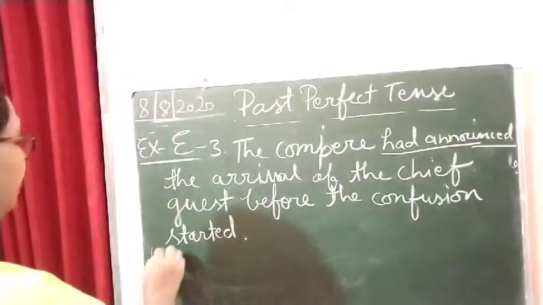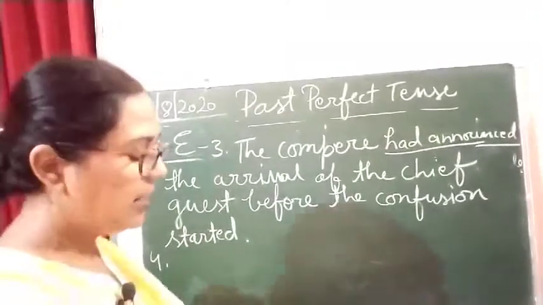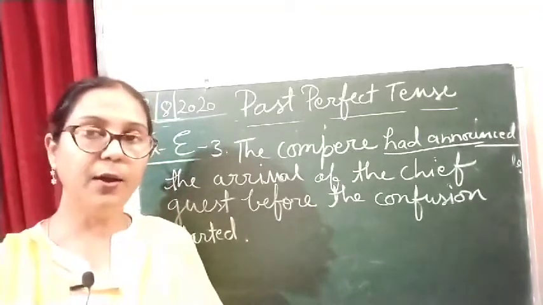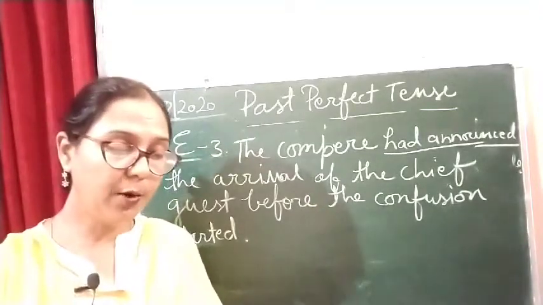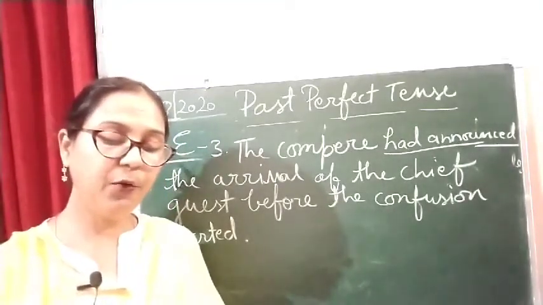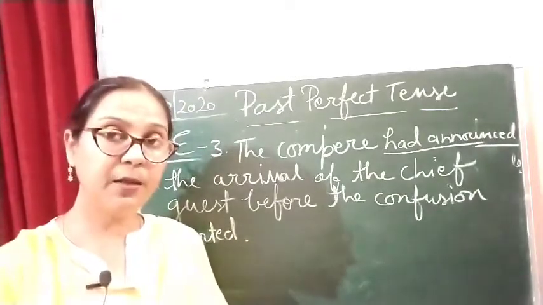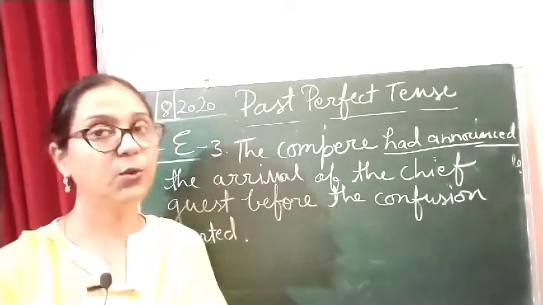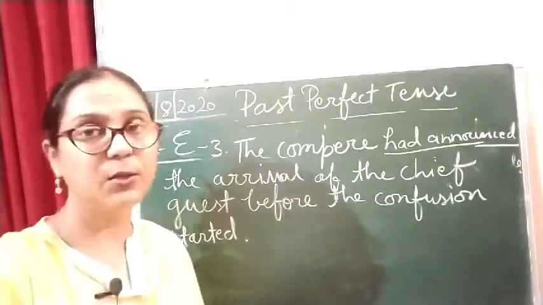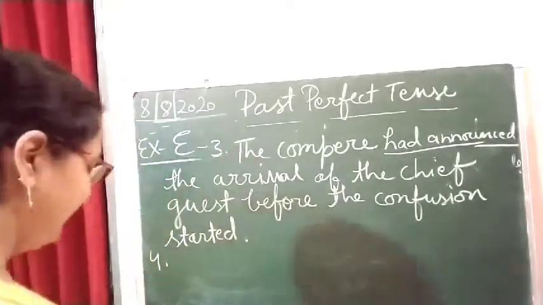Now, number 4. The old man dash in an application for a new telephone connection before he went on a holiday. The verb given in the bracket is put. As you all know, put does not change in any form of the verb. It remains the same: put, put and put, in all 3 forms.